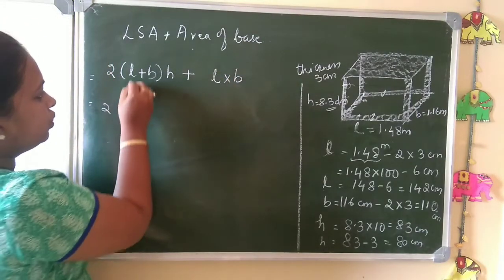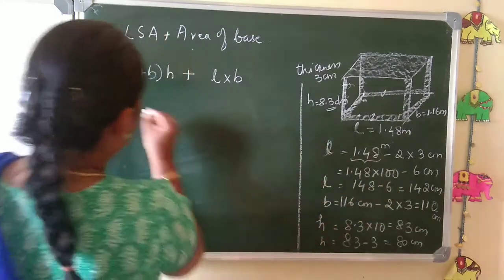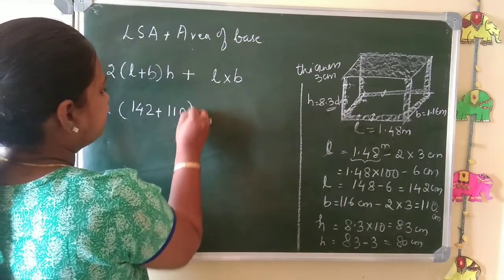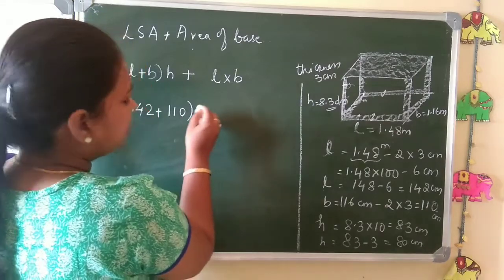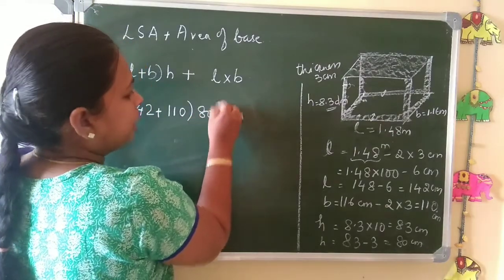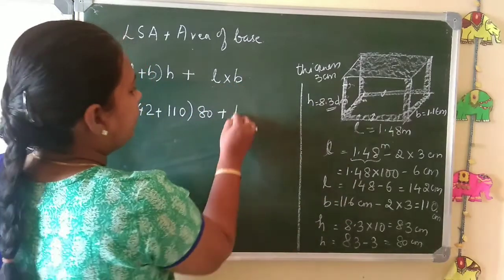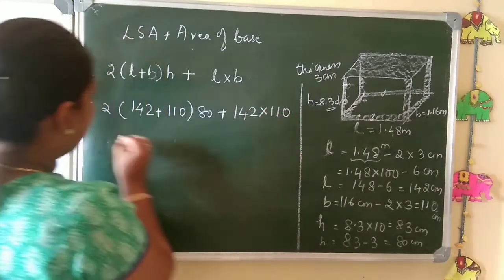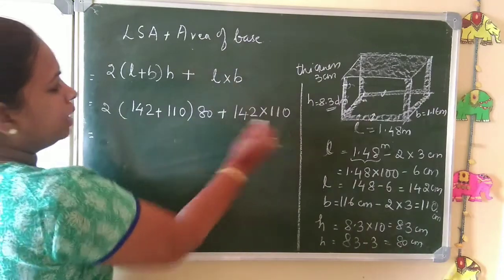Here it will be 2 into (L is 142 and breadth is 110) and height is 80. And here it is 142 into 110. So now you can multiply all this.